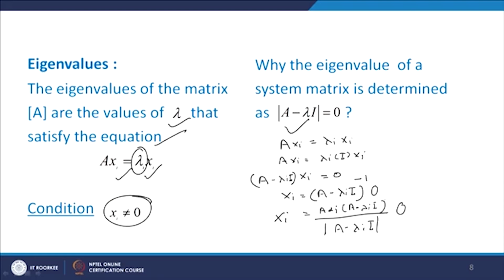Because the numerator cannot be 0. If this is 0, this total piece is 0. So if the determinant factor is 0, then 0 by 0 is undetermined. Therefore, to check the stability of the system, or particularly the eigenvalues, we have to check A minus lambda I equals 0.